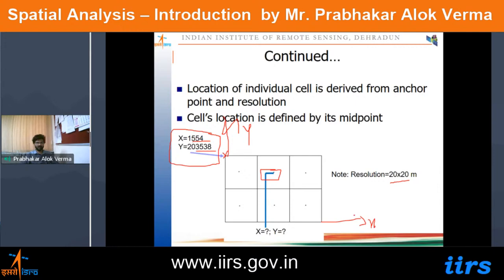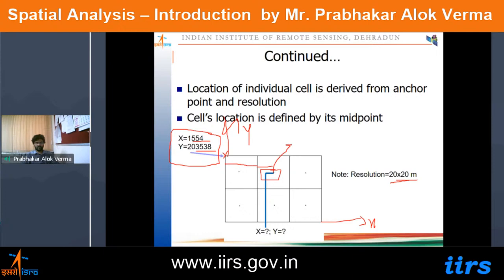These are standard representations. So if you have to move from this anchor point to this center, how do you have to travel? 1 pixel you have traveled, the size is 20 meters, so 20 meters you have traveled, then half of the pixel, so 20 plus 10 meters, so total 30 meters travel in x direction.